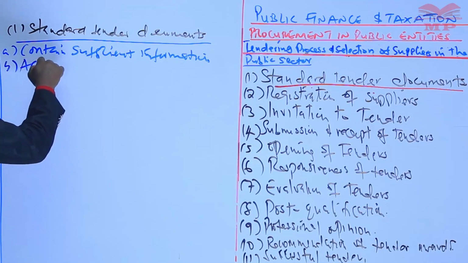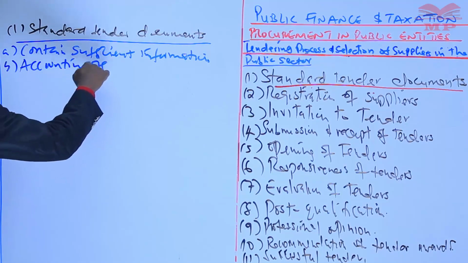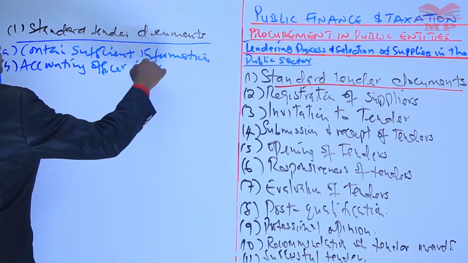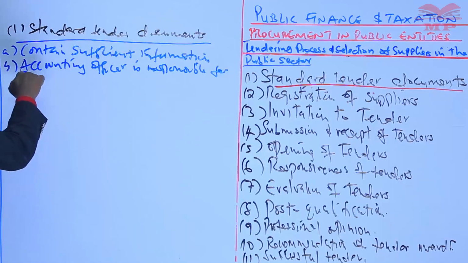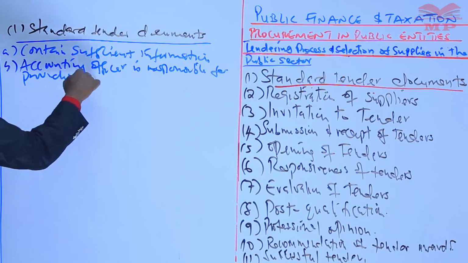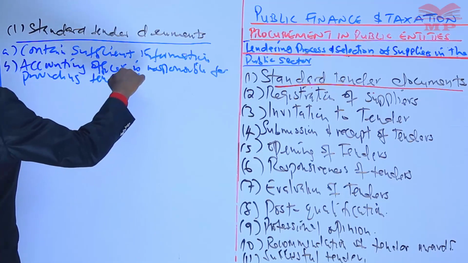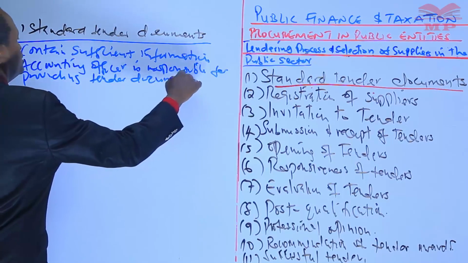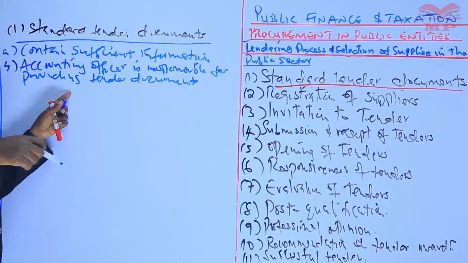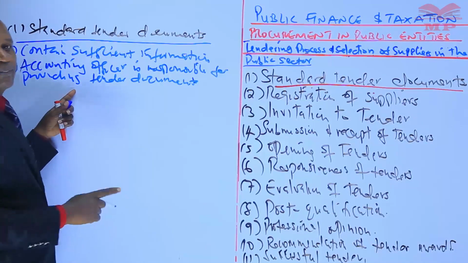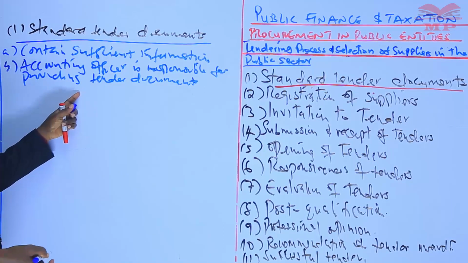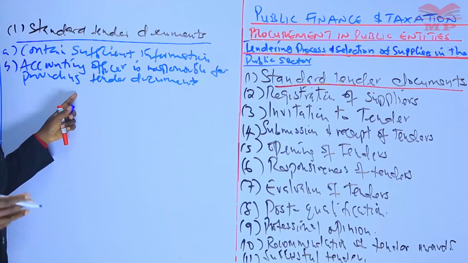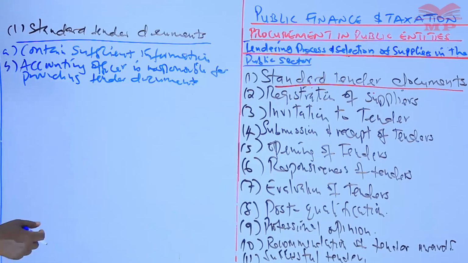The accounting officer is responsible for providing tender documents. It's not the one who applies for the tender. No, it is the accounting officer of the procuring entity that is responsible for providing tender documents.